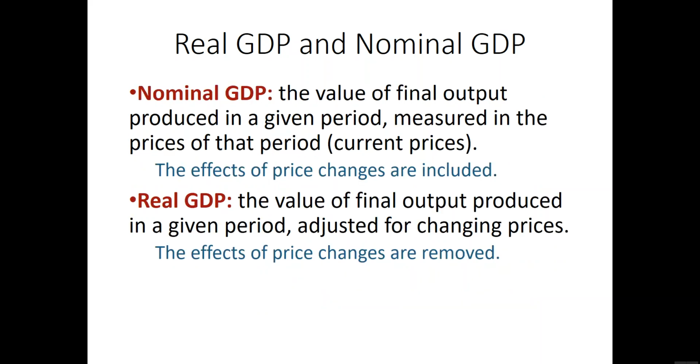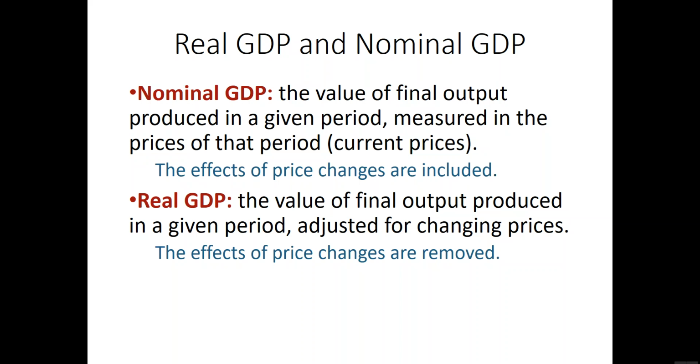So now we're going to compare these two definitions, nominal and real GDP. Nominal GDP is the value of the final output produced in a given period, measured in the prices of that period. So usually it's measured by the current price.